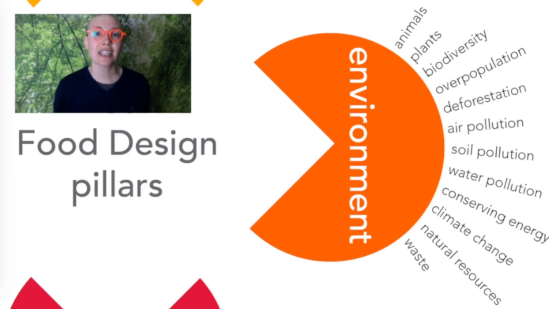Food designers should think about maintaining or improving biodiversity on this planet, and various possible problems that the product or service will augment, or problems that the product or service diminishes, like overpopulation, deforestation, air, soil and water pollution, energy conservation, climate change, the use of natural resources, and of course, waste.